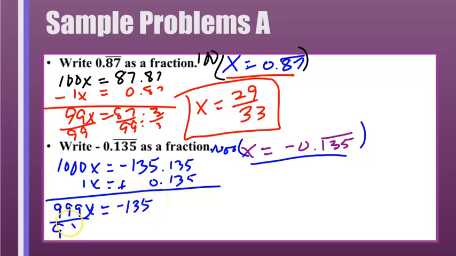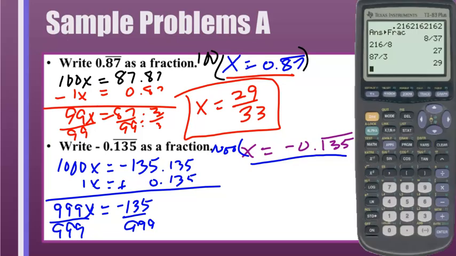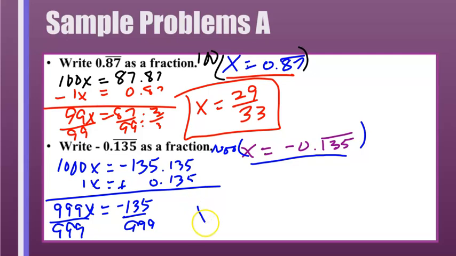Divide this by 999. And then on our calculator, I got negative 135 divided by 999. Hit math, enter. That's going to give us negative 5/37.